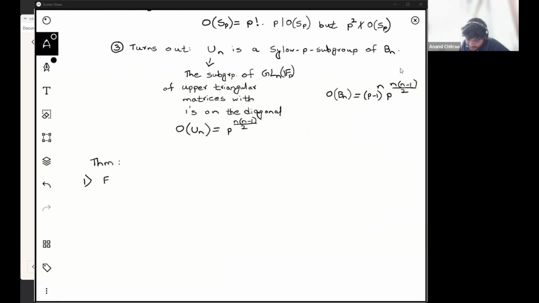First one is every finite group G has a Sylow P subgroup, or a Sylow P subgroup. Both are the same.